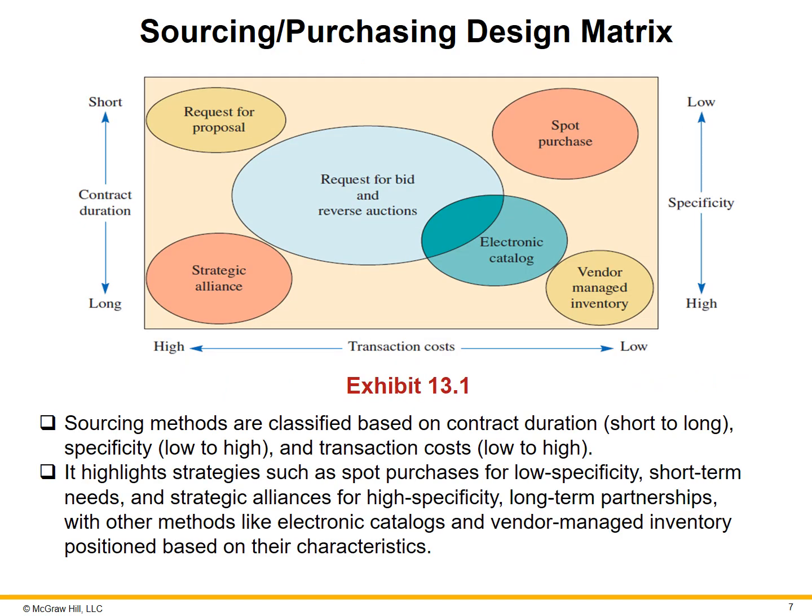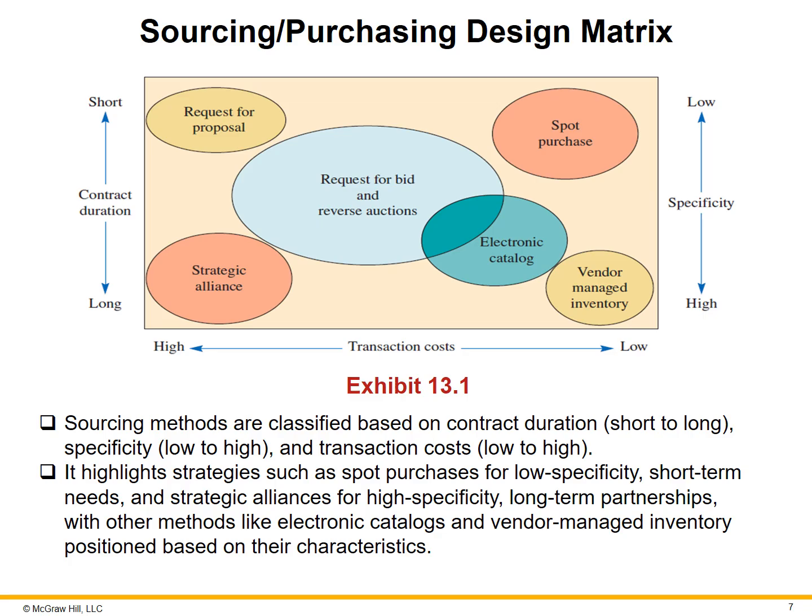Let us look at the sourcing purchasing design matrix. It shows three factors and displays different types of purchasing and sourcing methods: specificity, contract duration, and transaction cost.